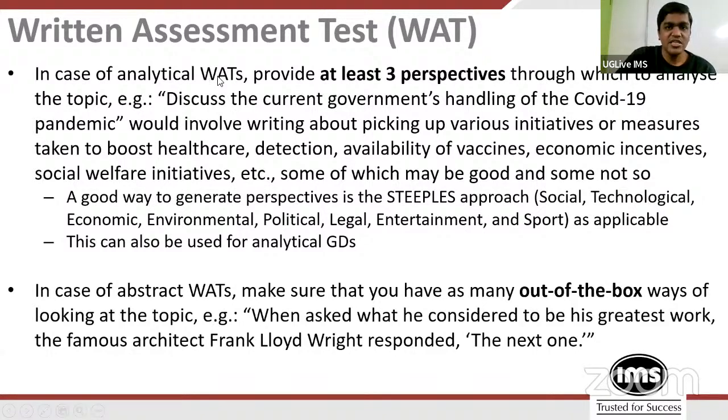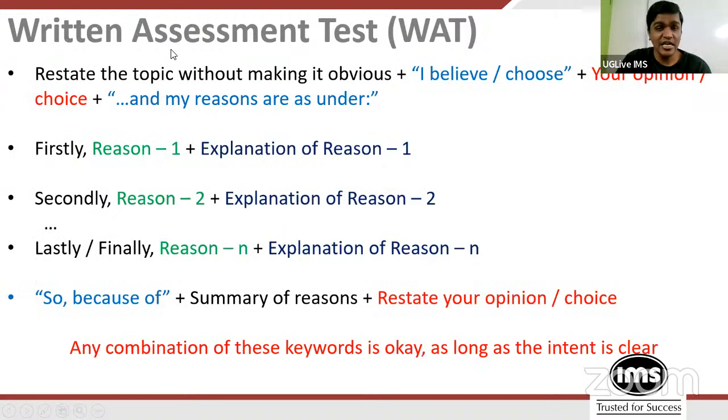So that takes care of the Gyan related to the VAT. Now we look at formats. If I have an opinion or choice driven VAT, this is the format that I tend to use. This is not something that is set in stone, meaning you have to write it this way. But it would be great if you demarcated it this way, so that it looks structured.